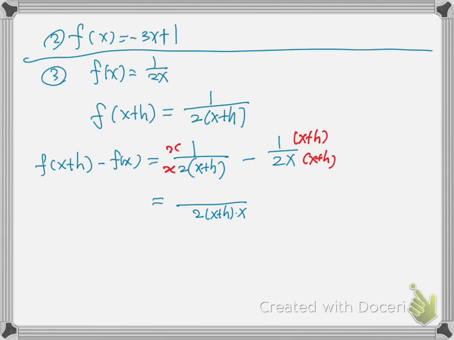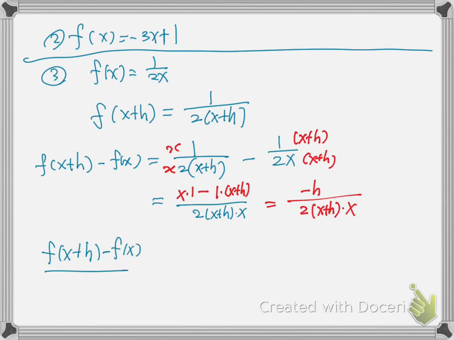Now what's on top? On top we get x times 1 minus 1 times x plus h. So this is negative h over 2 times x plus h times x. But f of x plus h minus f of x is not the quotient. We have to divide by h. So f of x plus h minus f of x divided by h is this result divided by h.